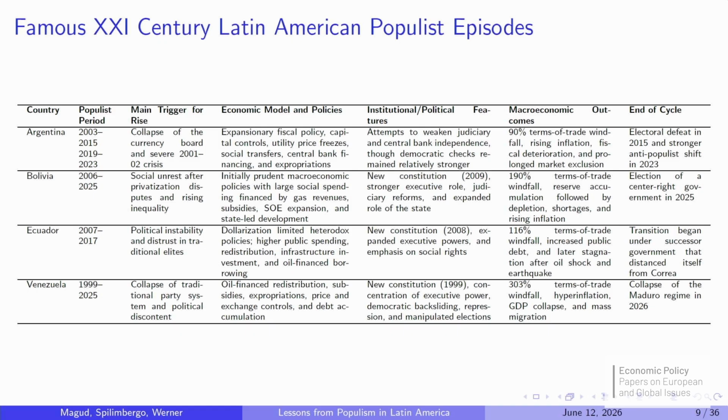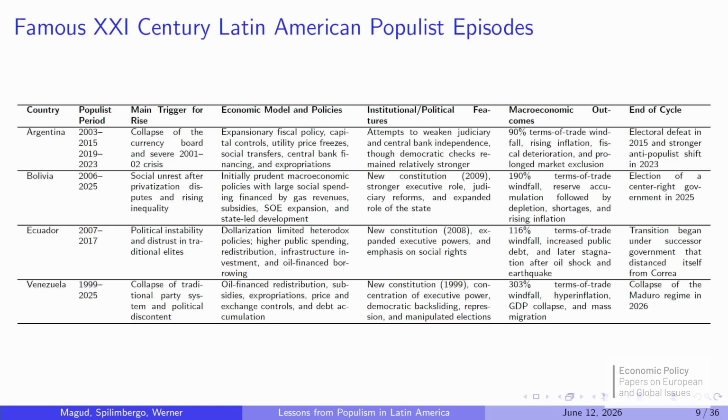And on the institutional side, it's interesting to see both the narrative and discourse of these governments, and also the significant changes they make towards a much more plebiscitarian democracy. In 3 of these 4 cases, they call for a constitutional assembly and they changed the constitution. In the constitution, they included, obviously, the significant re-elections of the leaders, and the combination of these constitutional changes plus the commodity windfall generated this very long period in which they stayed in power.